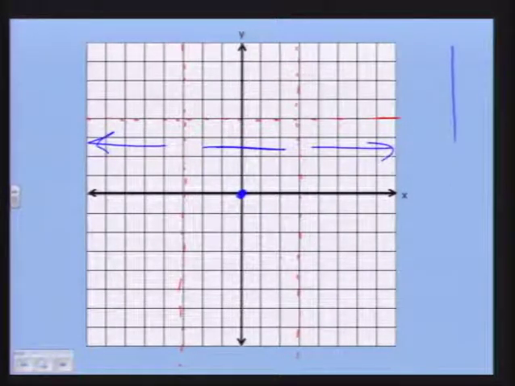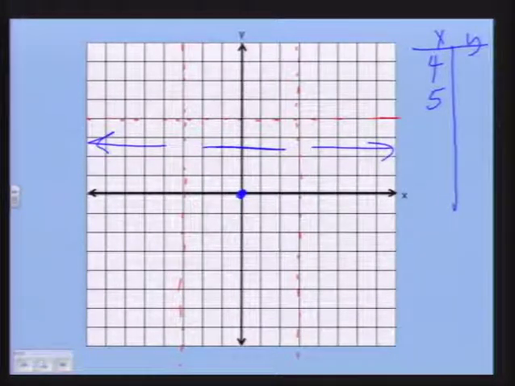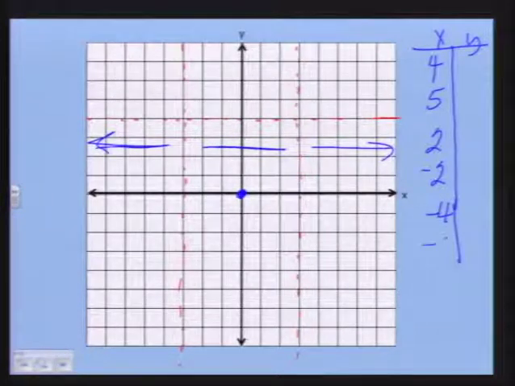So let's pick some numbers to plug in. On the right-hand section, I might pick 4 and 5 for x. In the middle section, I might pick a 2 and a -2. Then the left-hand section, I might pick a -4 and a -5 for x.